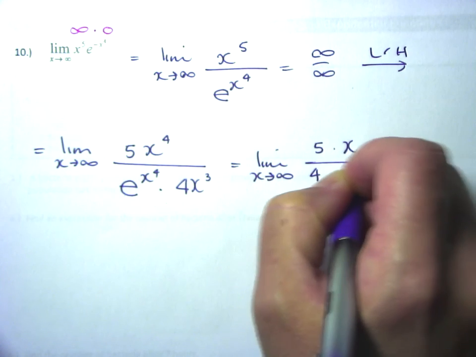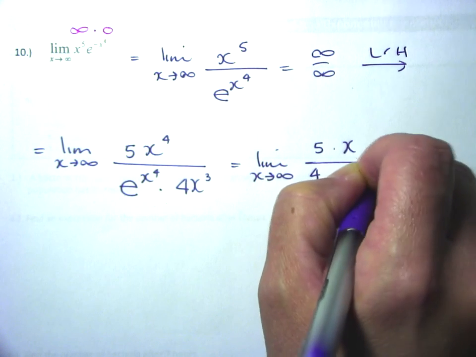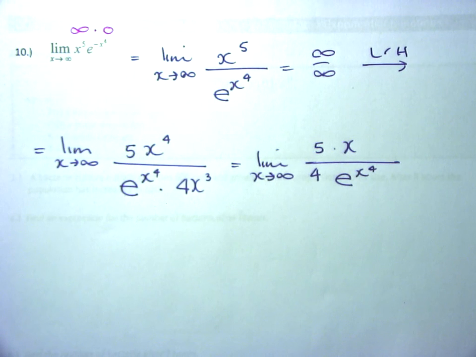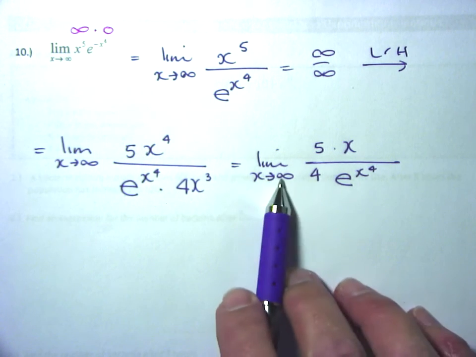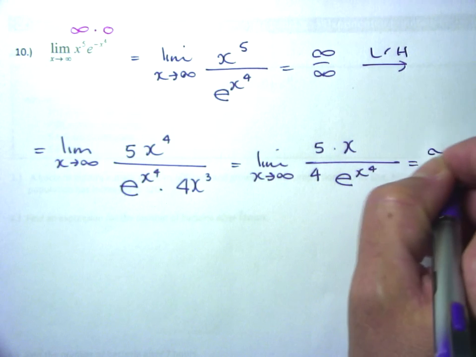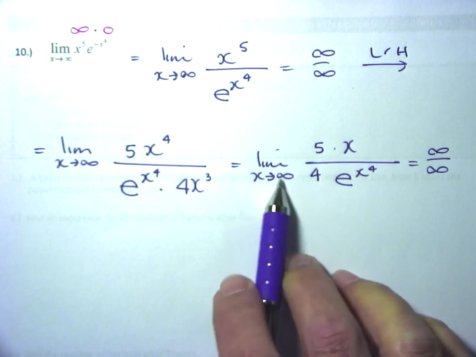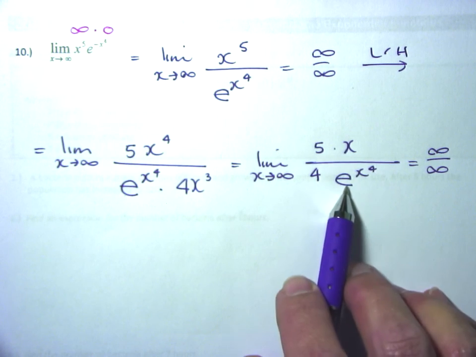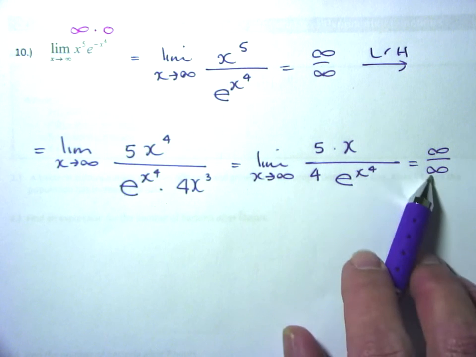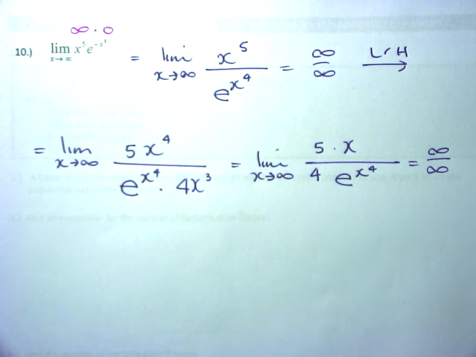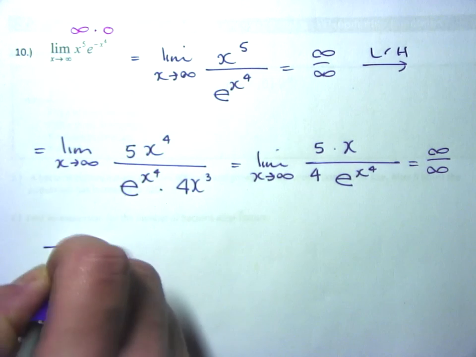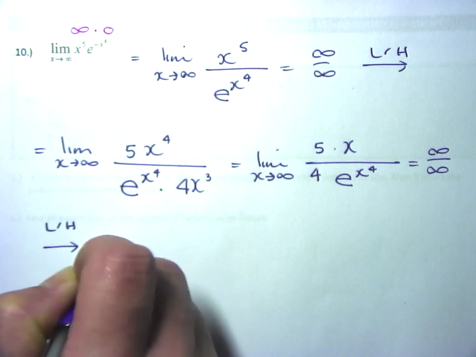And down here we have e to the x to the 4th. All right, so we'll do this one more time. I'm going to plug in this limit. If I plug in infinity, you guys see that again, we have infinity up here divided by e raised to the power infinity, which is infinity. So I get infinity over infinity again. So we can do one more step of L'Hopital's.